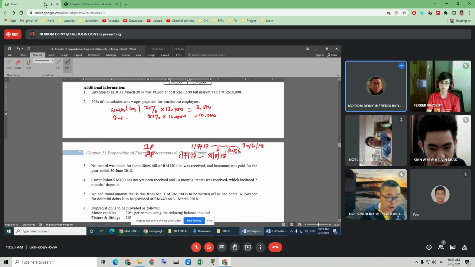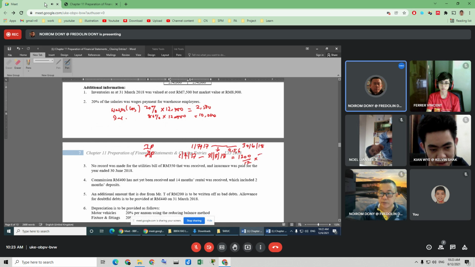So look at the insurance amount. How much is the insurance amount? Insurance is 1,200, for 1 year. So you divide by 12, times only the prepaid months.